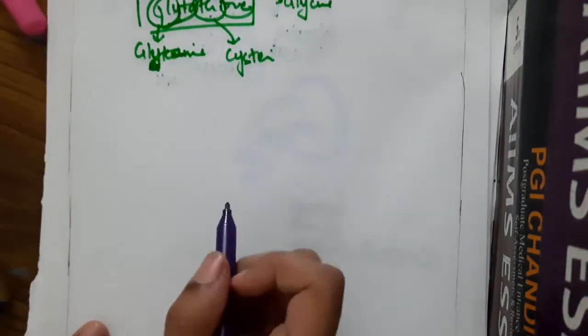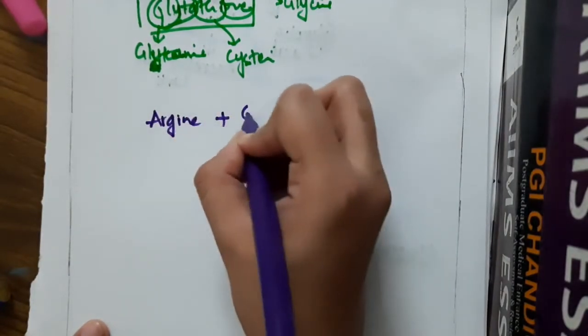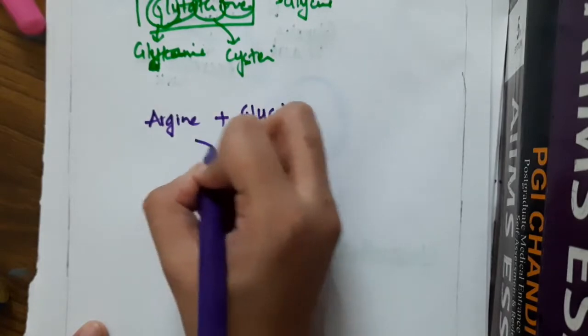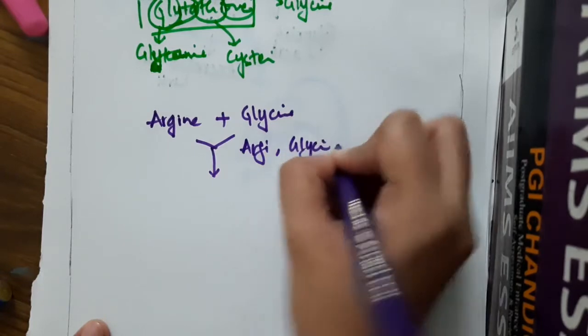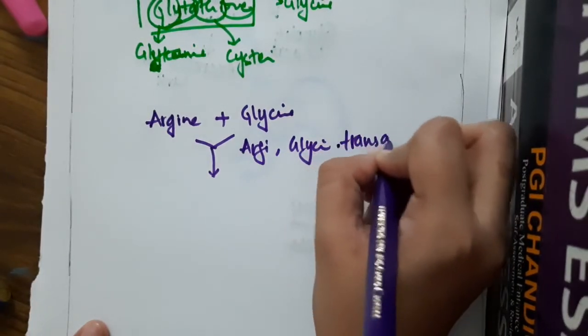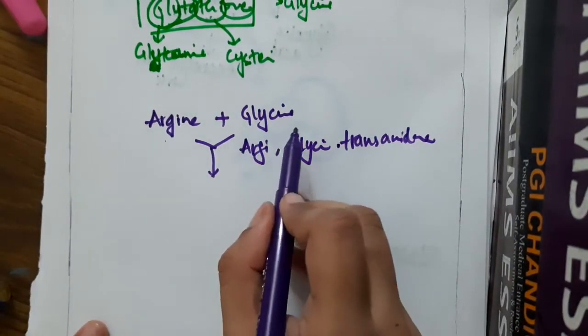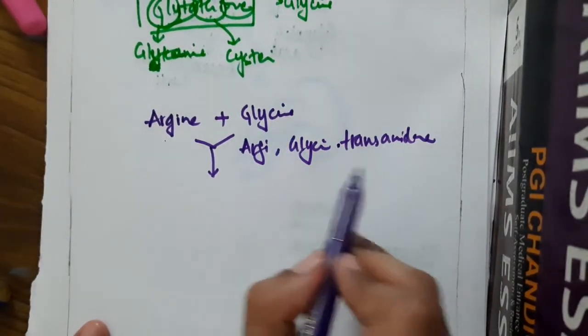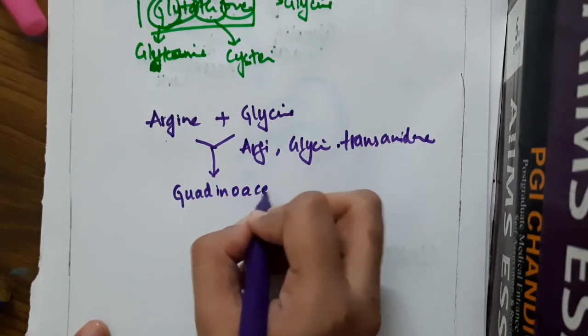We have a second special compound. Arginine combines with glycine in the presence of arginine glycine transamidase and forms guanidoacetate.